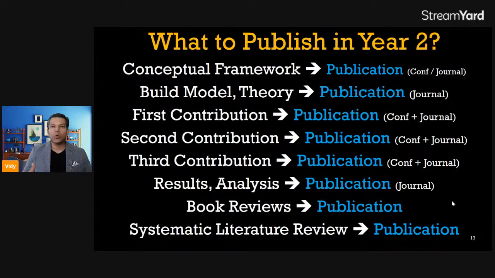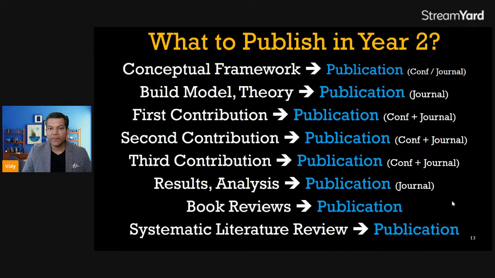And there are 2 ways in which you can publish. You can publish a smaller, shorter version at a conference and an extended version for a journal. This is a common practice that we see in sciences and engineering. Your discipline may be different and may only focus on journals, and that is equally acceptable.